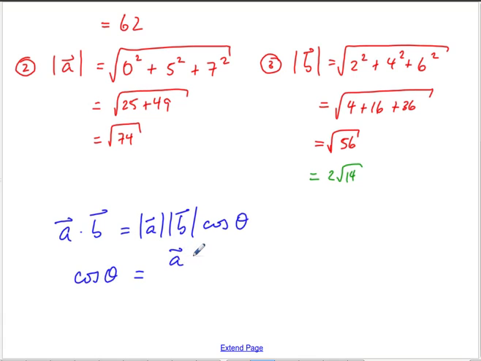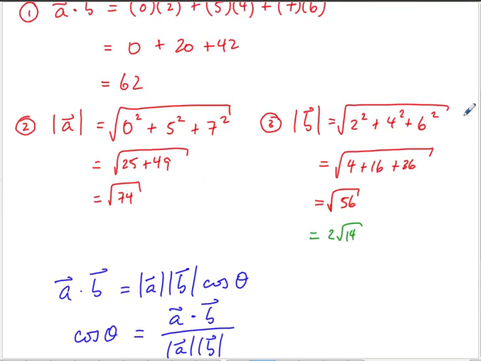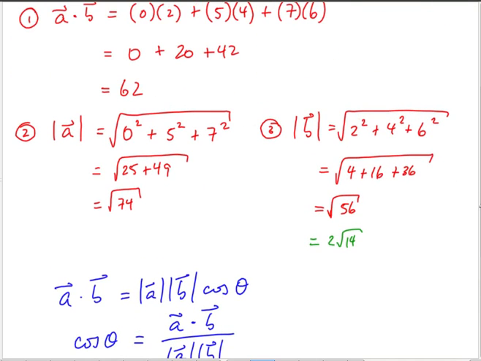So I'm going to divide both sides by magnitude A times the magnitude of B. And I could even go further, and I think I'll do this in one step, which means I'm going to say theta is equal to the inverse cosine of, but now I'm going to fill some things in. So what was A dot B? We found that to be 62.